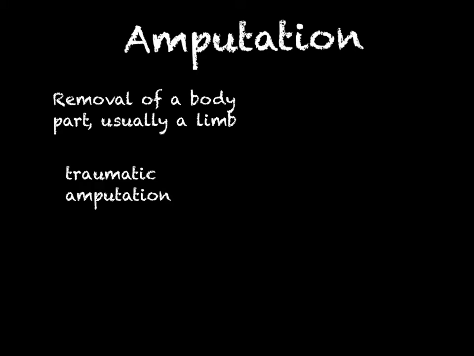But the other category is non-traumatic amputations. And some of the reasons for a non-traumatic amputation could be infections of diabetic ulcers. Gangrene in particular causes a lot of problems.